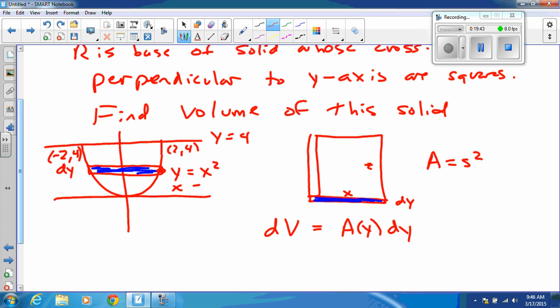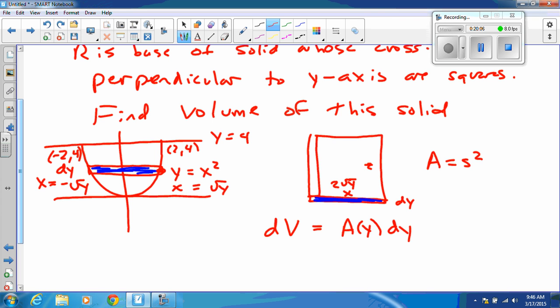Well, if y is equal to x squared, then x is equal to the square root of y on this side of the curve, and x is equal to negative square root of y on that side of the curve. Everybody with me so far? So the length of this fellow from root y to negative root y is 2 roots y.